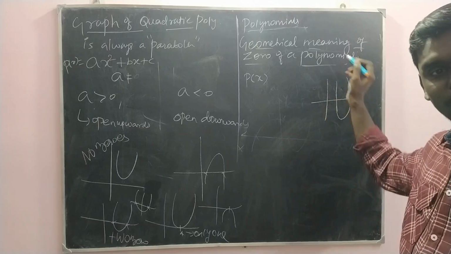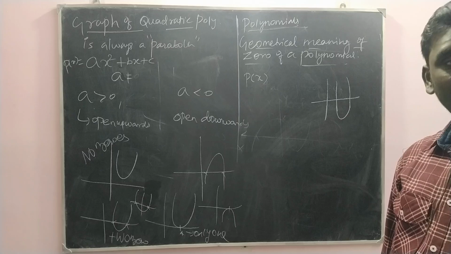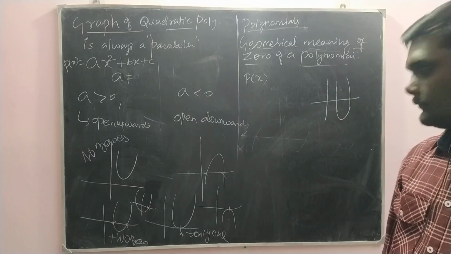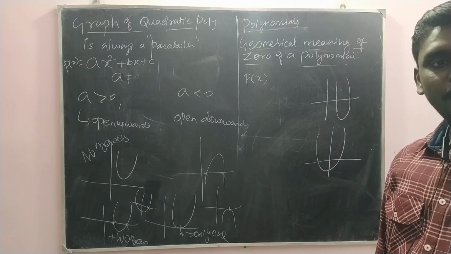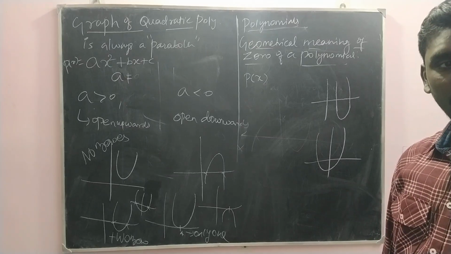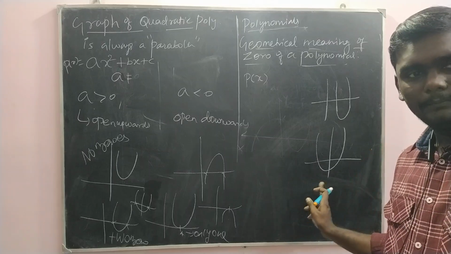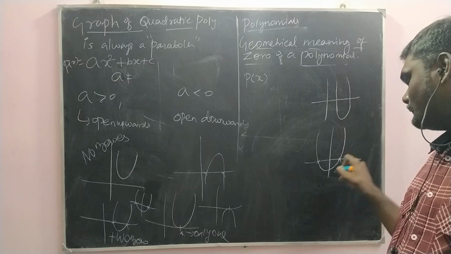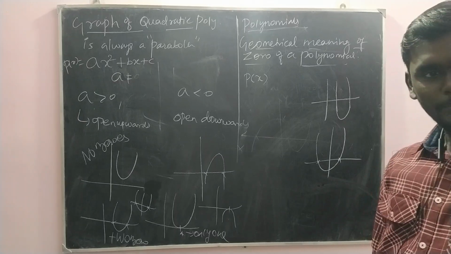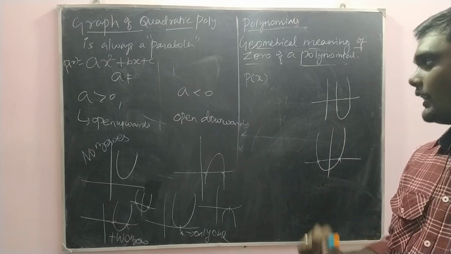We can extend the parabola, remember? Got it? How many zeros does this polynomial have? This one. 3? Only 2. Parabola again. Got it? So you can identify like this.